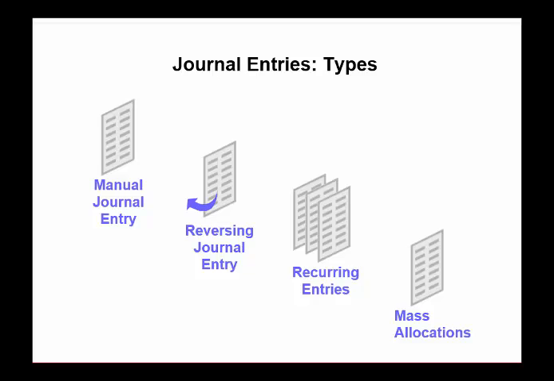Now, sometimes we need to reverse a journal entry, meaning if a journal entry has been posted, but then you realize you need to post it to a different period. So let's say, for example, you have an invoice for a service that will happen in March.